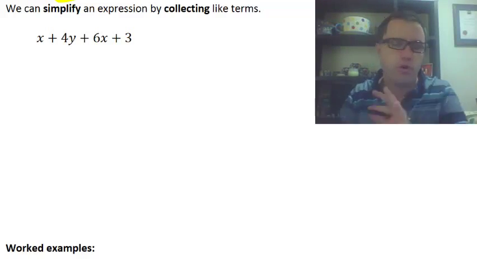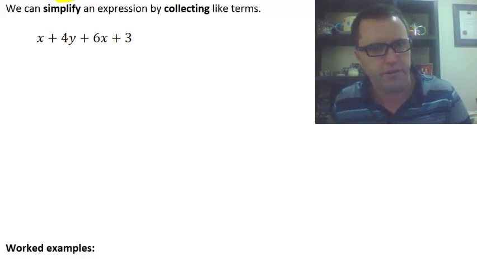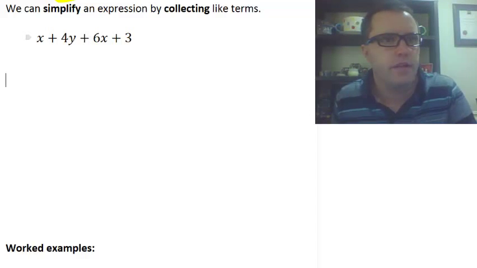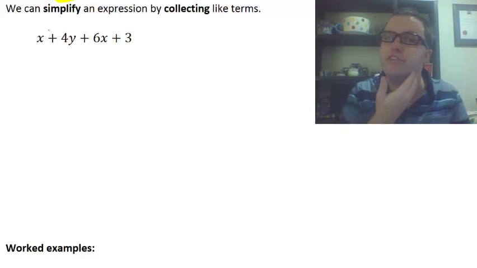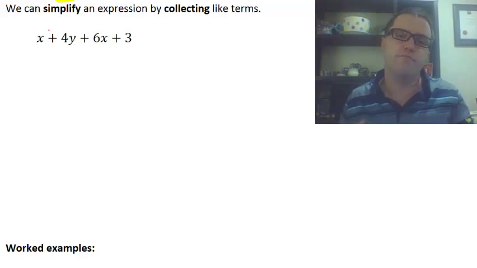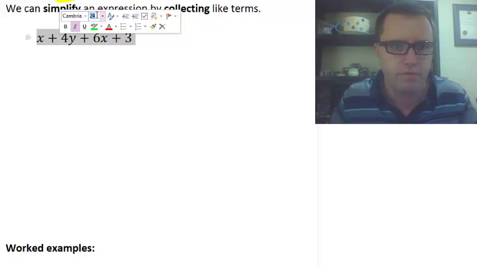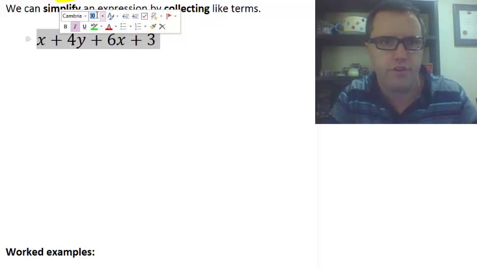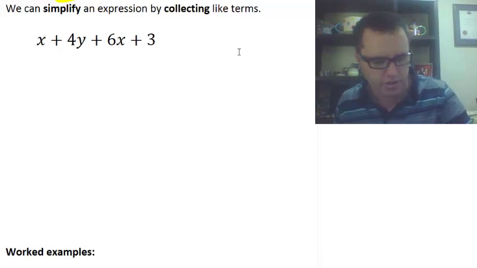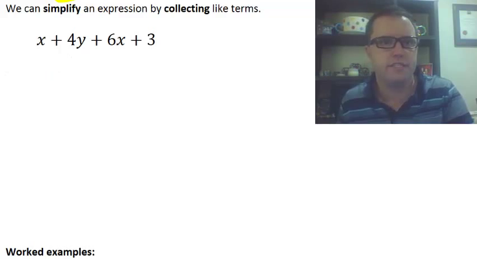Unlike terms, no go. So what I suggest is that you use either colors or different shapes to mark out the different terms. Actually, I'm going to make this even bigger so I can work with it a bit more. Let's go for 30. There we go, it's nice and large. All right, so x, 4y, 6x, and 3. There are 4 terms here, okay?